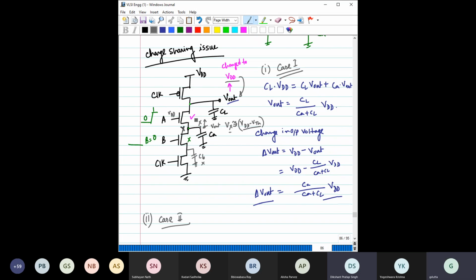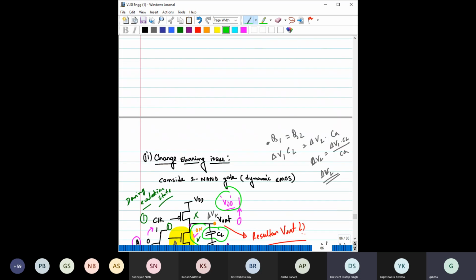So in that case, what can we write? Here, this Vx would be equal to VDD minus VTH, and the final value at the output is again somewhat like V out.